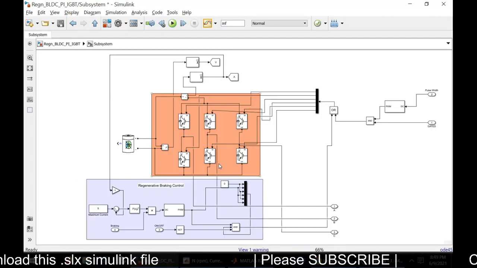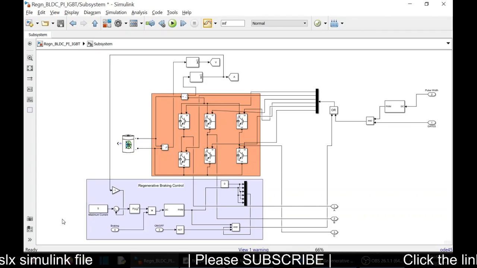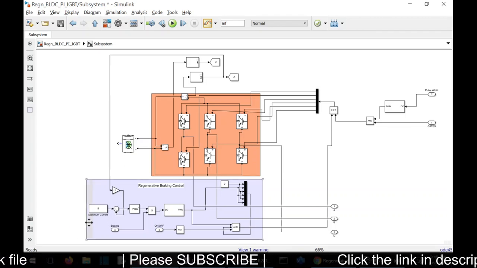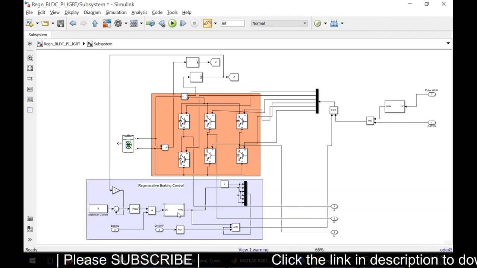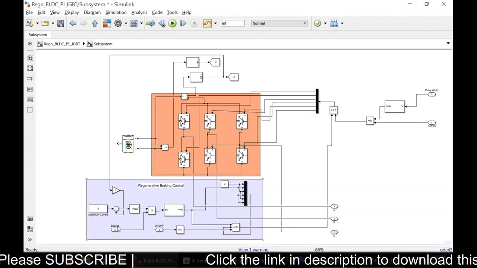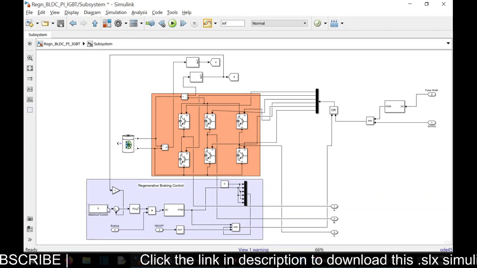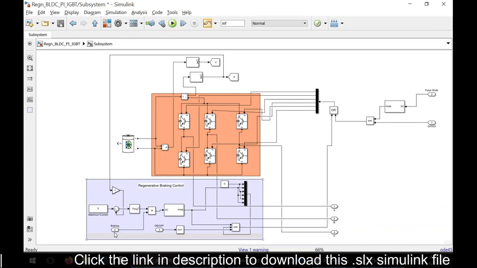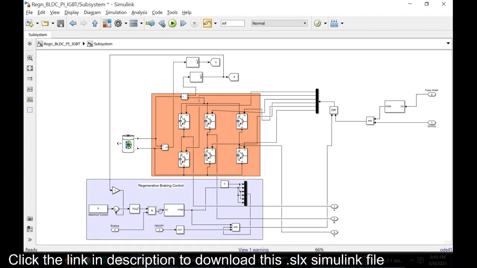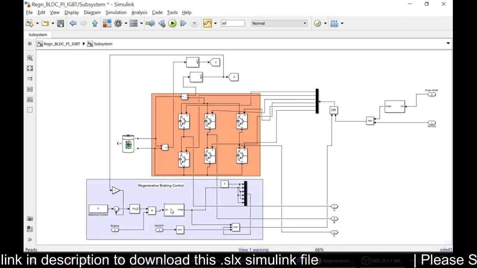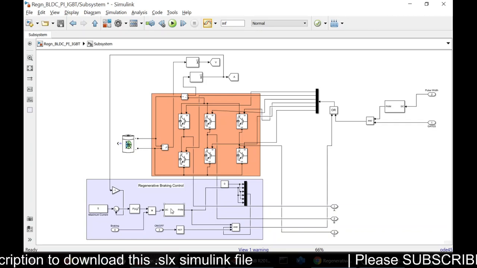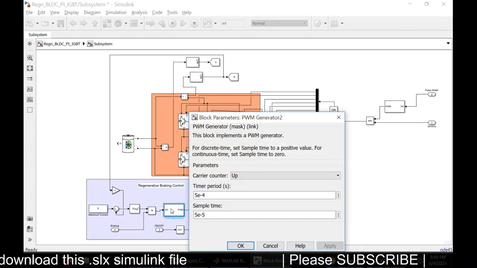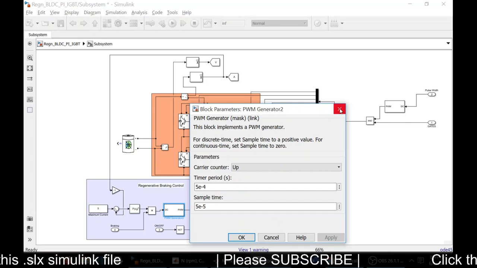So if you look at this, through this control logic, the regenerative braking will happen. So based on the position of the pedal, we'll be changing the duty cycle of the pulse generated by this PWM generator.